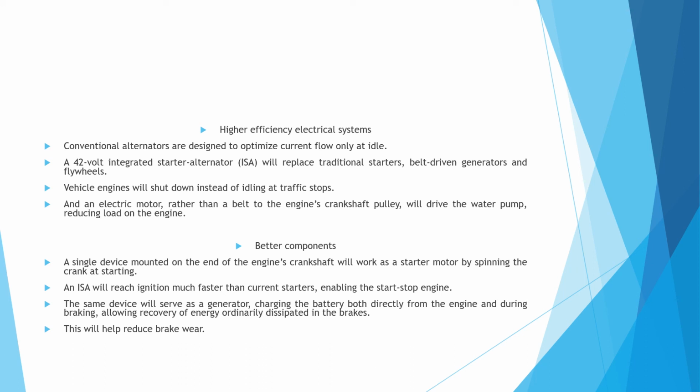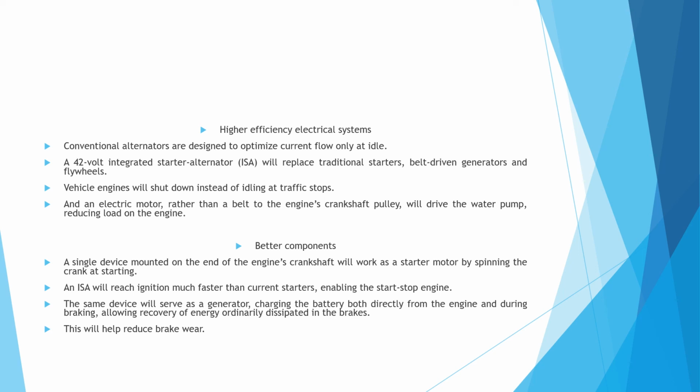Better component: a single device mounted on the end of the engine's crankshaft will work as a starter motor by spinning the crank at starting. The integrated starter alternator, or ISA, will reach ignition much faster than the current starter, enabling the start-stop engine.